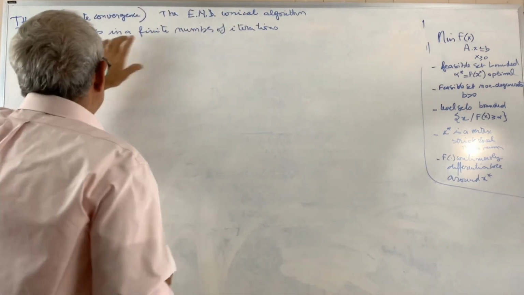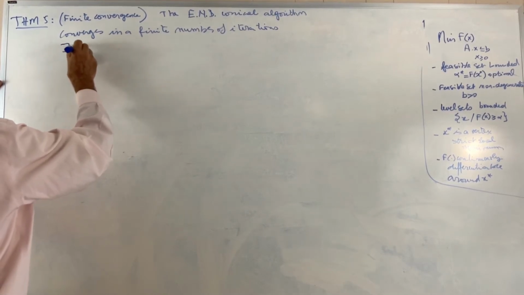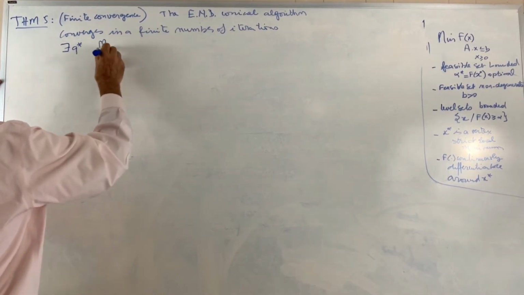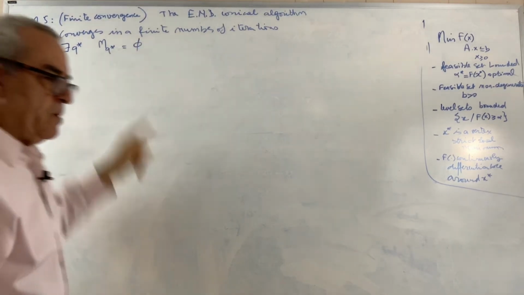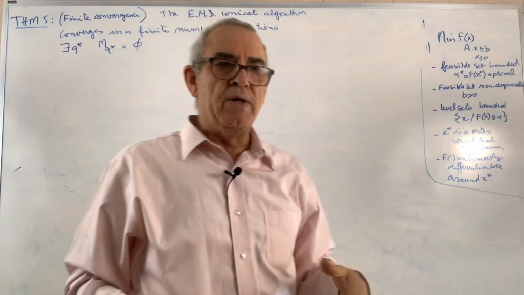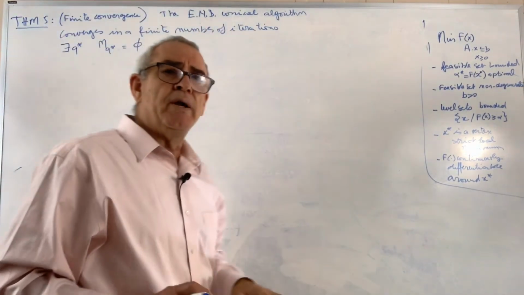So what does this mean? It means that there is a Q star such that M_{Q star} is empty. Remember M_Q. M_Q at each iteration is a set of cones that needs to be searched. At some iteration, it's going to be empty. We have no longer any cone to search.